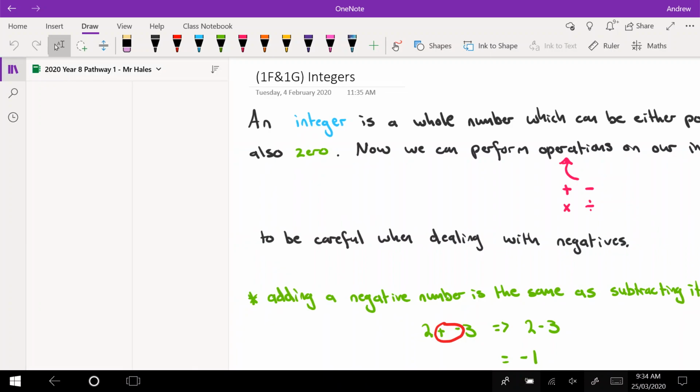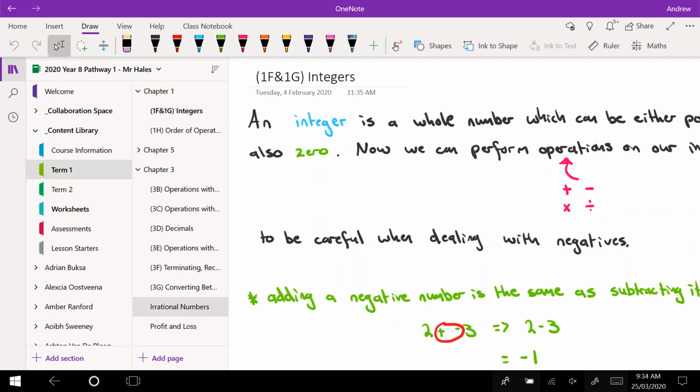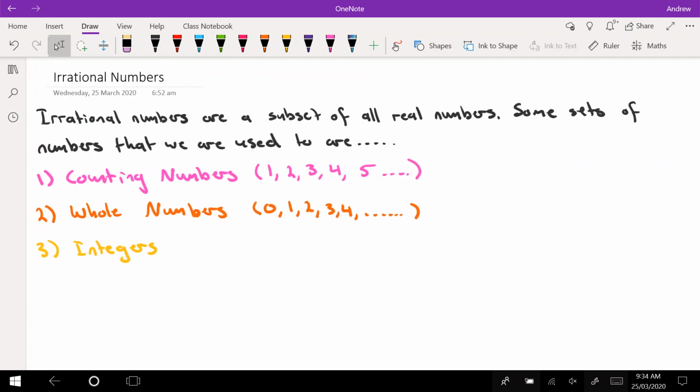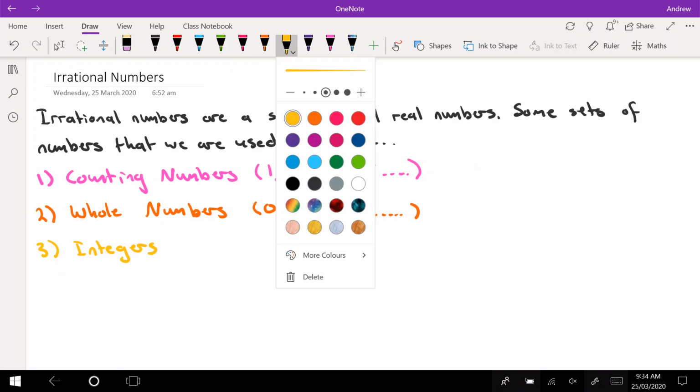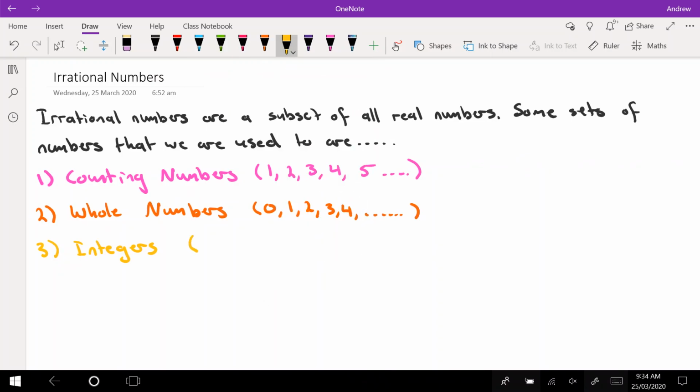So we now know that all of our integers also take into account negative numbers. So we can say -2, -1, 0, 1, 2, and it keeps going on from there. All whole numbers from positive to negative all the way down. Not everything, just the whole numbers.